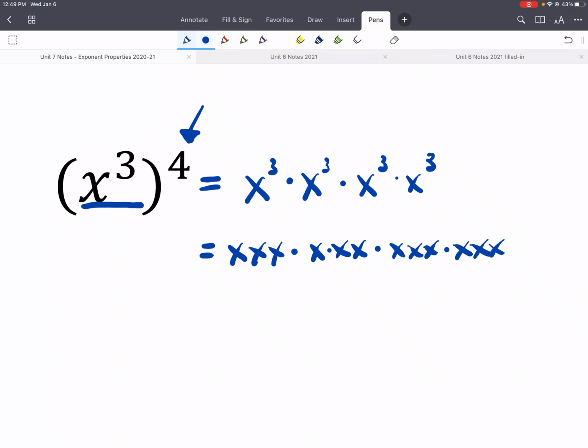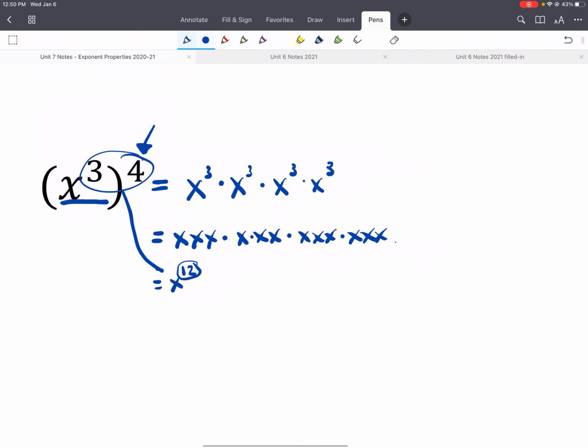That's a lot of x's, right? If we were to add all of those, we'd end up getting 12 x's, or x to the 12th. Hopefully we're looking at these exponents and seeing, what's the relationship? Could we go straight from here to here? And what would we need to do to those exponents to get where we end up?